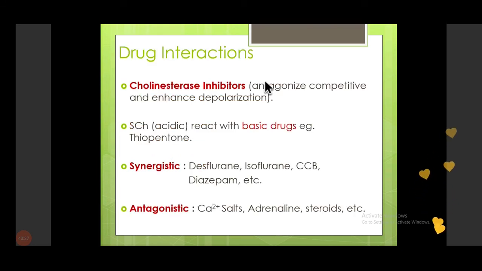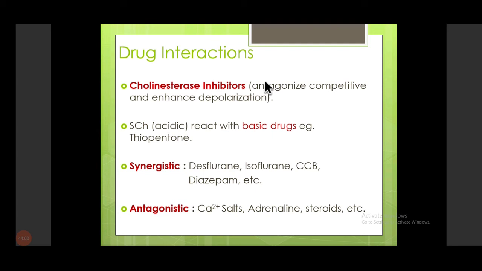Now coming to a brief about drug interactions. Cholinesterase inhibitors enhance the depolarizing blockers. Why? Because cholinesterase inhibitors inhibit the degradation of acetylcholine, making it available at the receptor site for a longer duration of time.